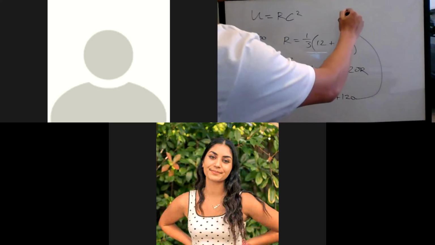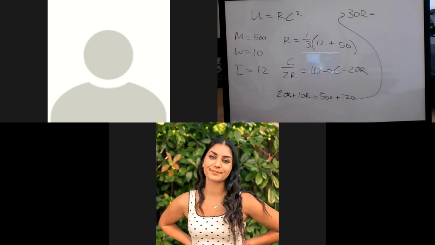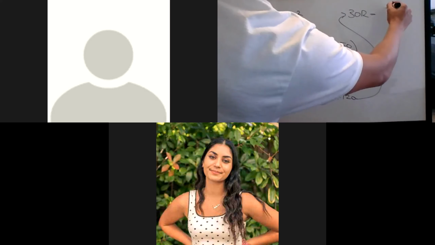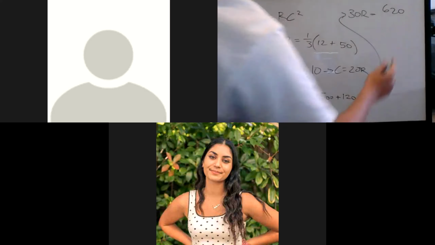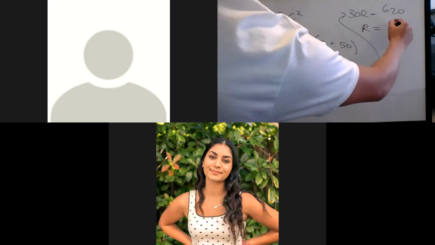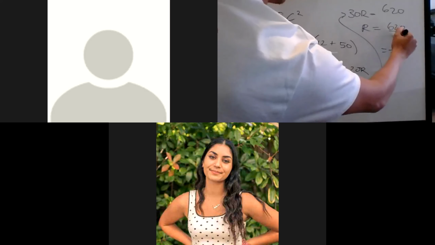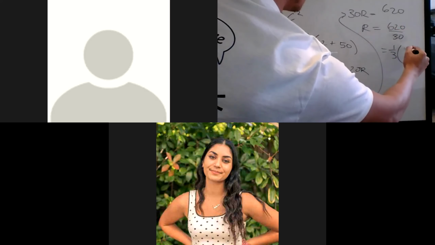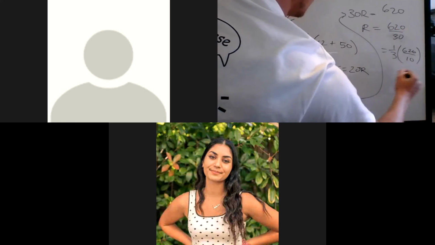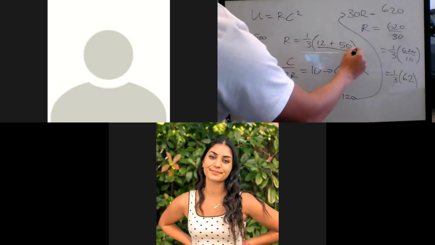So we get 30R equals 620, and so R equals 620 over 30, which is equal to 1/3 times 620 over 10, which is equal to 1/3 of 62, right? Which is what we have here.